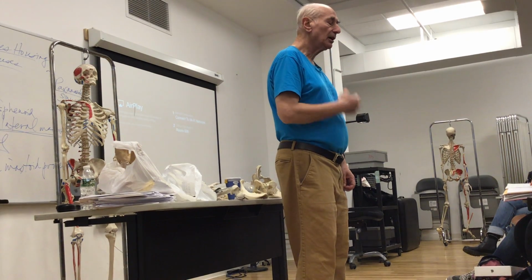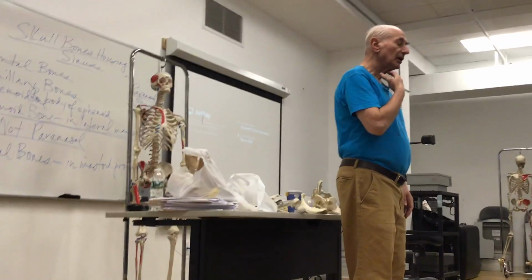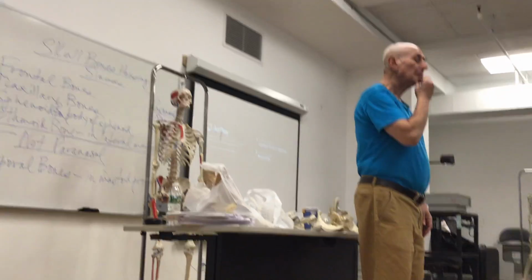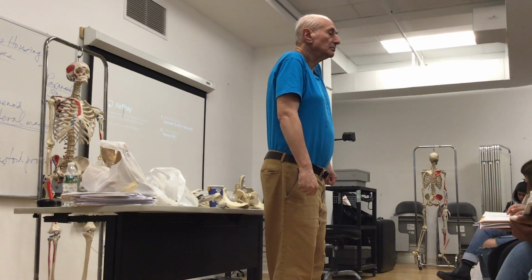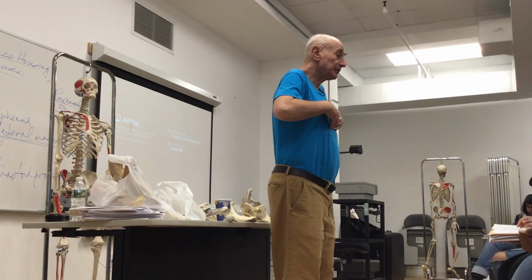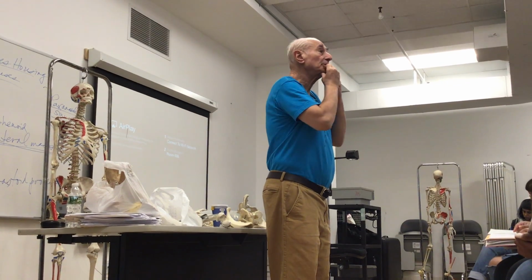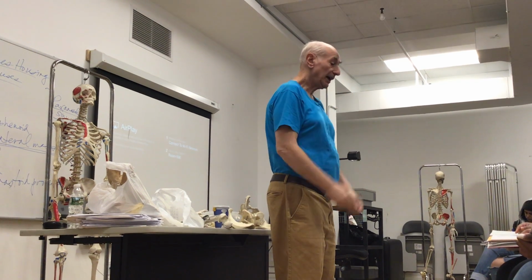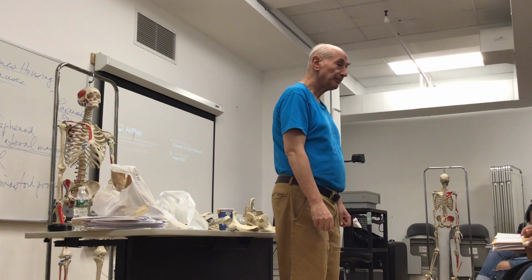The easiest one, straight up, elevation, straight down, depression. So basically mandible, scapula or shoulder girdle, ribs, even though it doesn't, we count ribs for elevate, depress, and we count hyoid. So ribs, elevate, depress, hyoid, elevate, depress, mandible, elevate, depress, and you could either say scapula or shoulder girdle elevates, depresses.